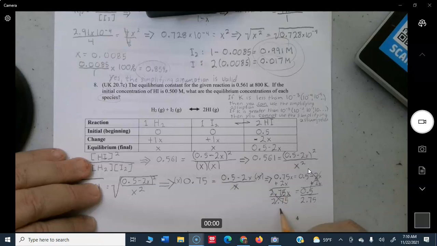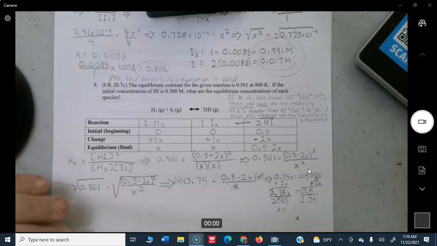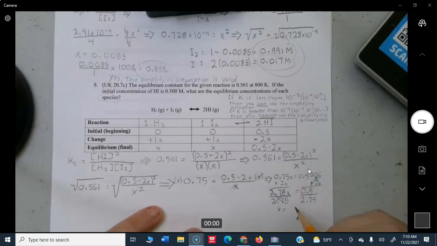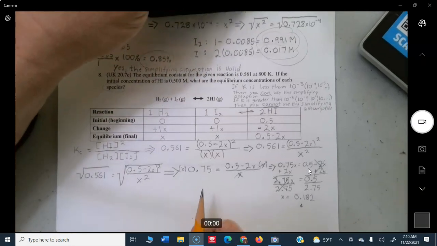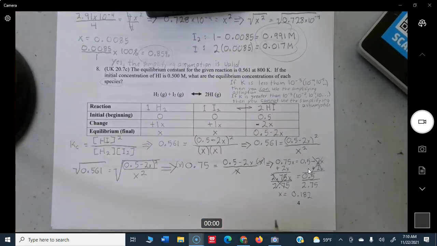That cancels, and you end up with x equals 0.5 divided by 2.75, and that gives us 0.182. We don't have to test the simplifying assumption because we didn't use it. So now we can take our x and plug it in for each of these to get the equilibrium concentrations of the three species, and that's the final answer.